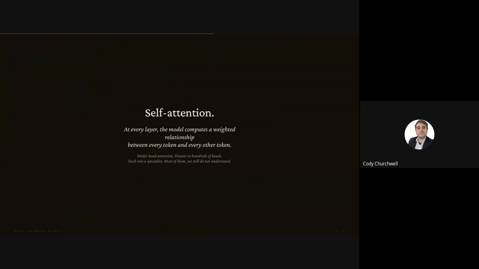There's something called multi-head attention. Modern models run dozens to hundreds of these computations in parallel, each one specializing in a different kind of relationship: syntax, references, tone, and even mood. And here's the strange thing. Most attention heads, we still don't know what they're doing. They emerge from training. Nobody designed them.